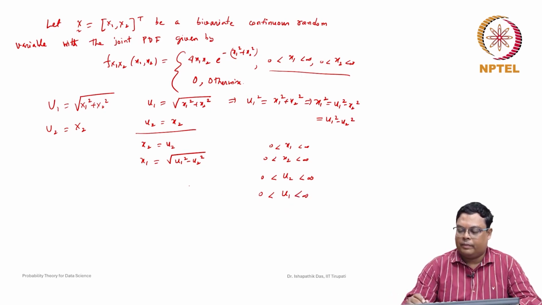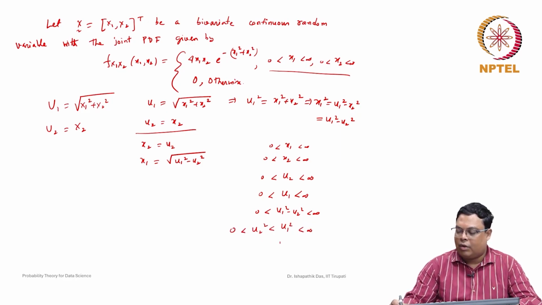Also, since x1 is the square root of u1 square minus u2 square and x1 is greater than 0, u1 square minus u2 square has to be greater than 0 and less than infinity. From here we get u1 square greater than u2 square.